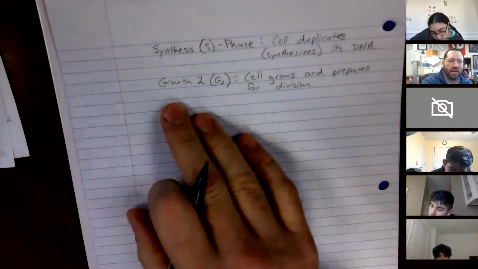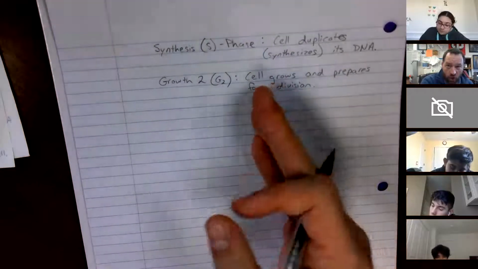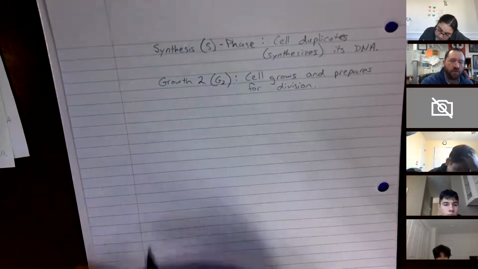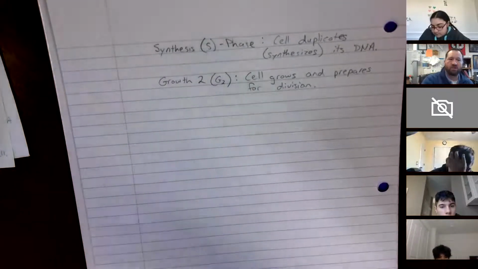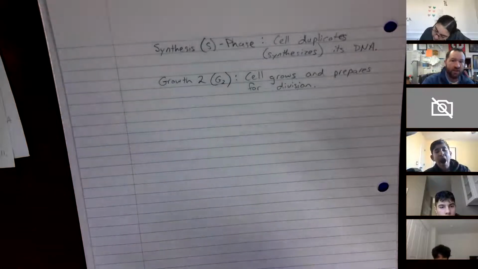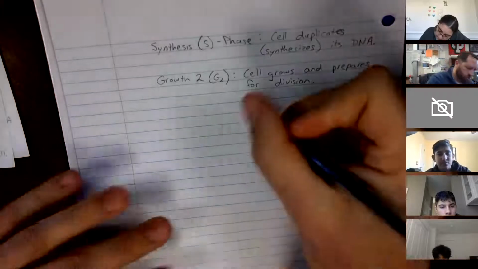And as the name implies, during the second growth phase, the cell is going to continue to grow and prepare for division. It's getting ready to divide in two. So it has to make sure it's large enough. It has to make sure it has enough organelles for two new cells to have. So we've got a lot of growth and preparation going on during G2.